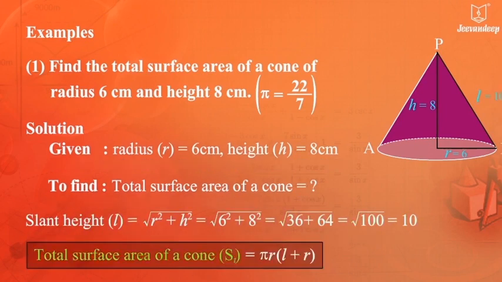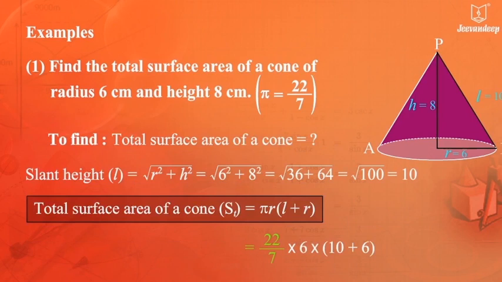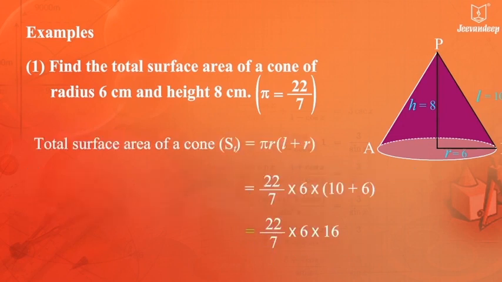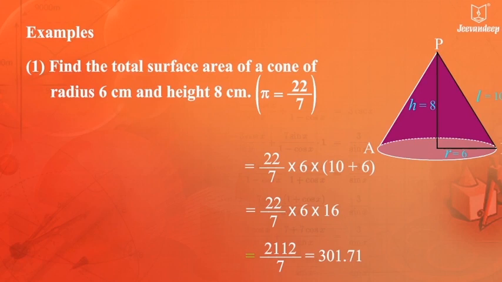Total surface area of a cone ST equals pi r multiplied by (L plus r), equals 22 upon 7 multiplied by 6 multiplied by (10 plus 6), equals 22 upon 7 multiplied by 6 multiplied by 16, equals 2112 upon 7, that equals 301.71.